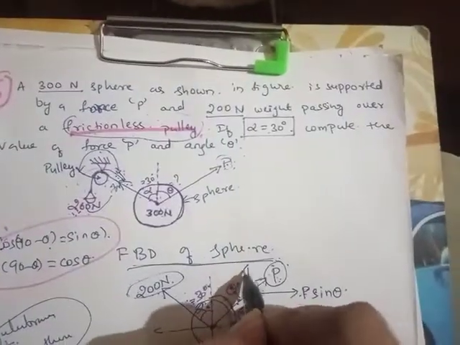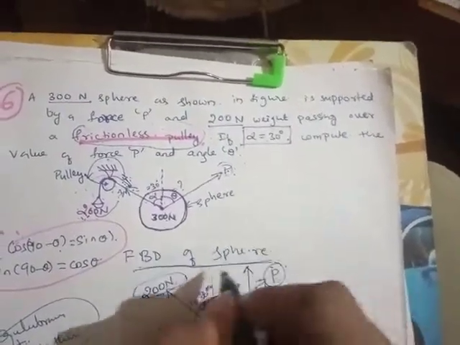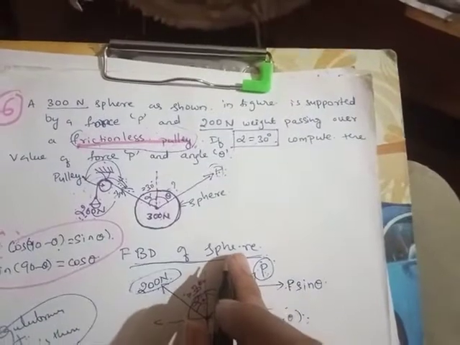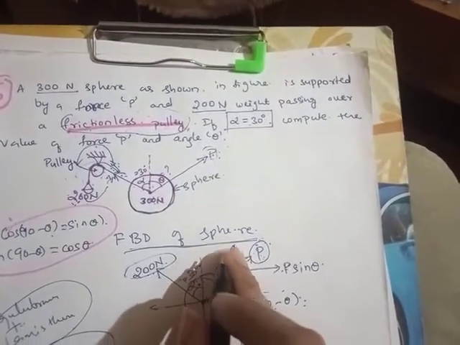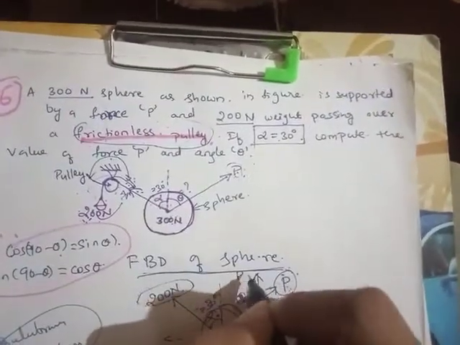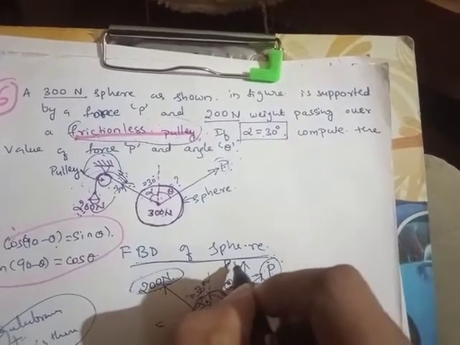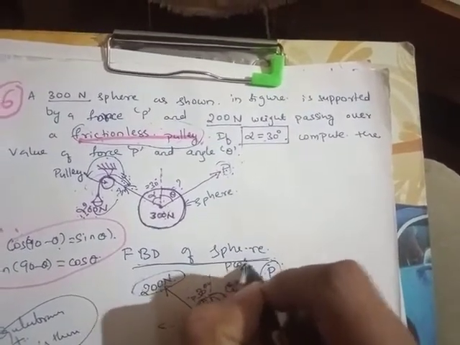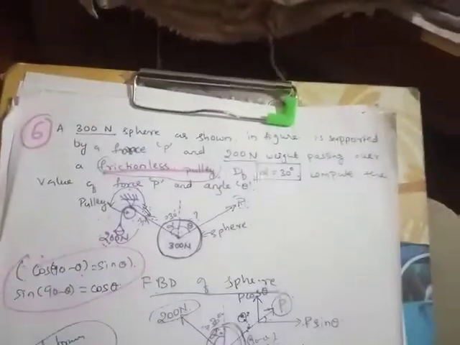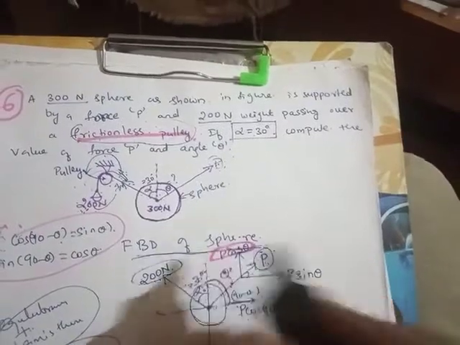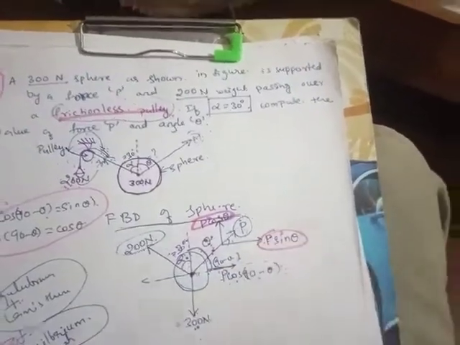Similarly, for the vertical component, it is P sin 90 minus theta. What is P sin 90 minus theta? It is cos theta. So the vertical component is P cos theta. I am highlighting P cos theta and P sin theta.